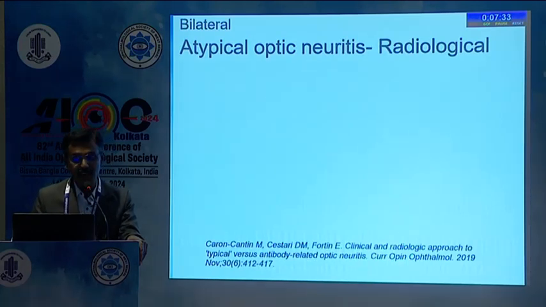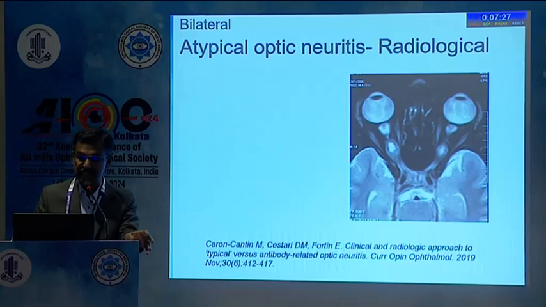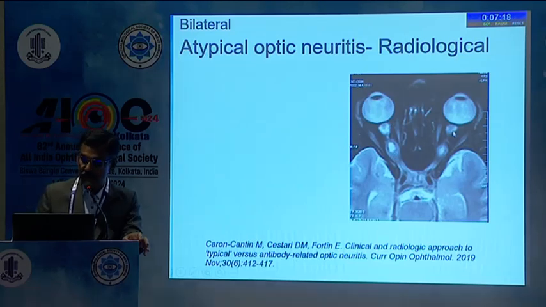Not only clinical, we also have clear radiological findings with respect to atypical optic neuritis. As seen in this picture, there is bilateral extensive optic nerve involvement. More than 50% of the optic nerve length has been involved in both eyes.